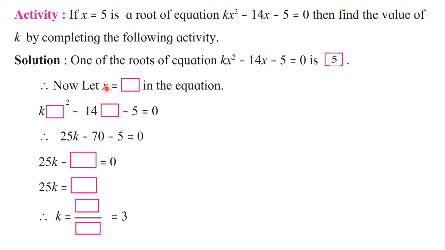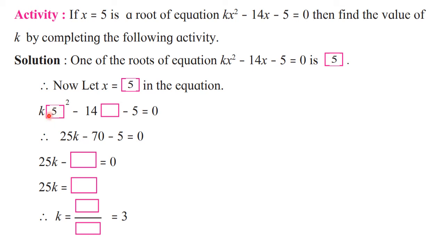So therefore, we can put x is equal to 5 in the equation. So now let x is equal to 5 in the equation, or you can write down substituting x is equal to 5 in the equation. So see here, this is the equation. So k, and in place of x you are going to write 5.